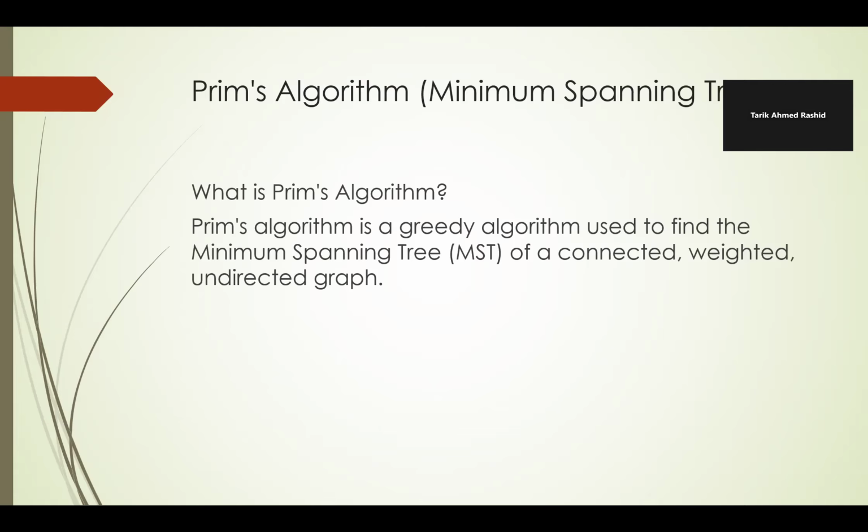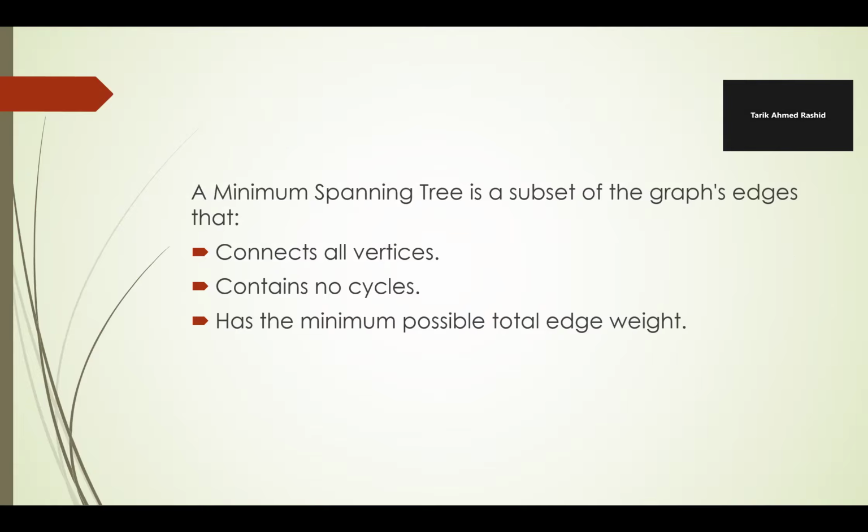Okay, so a minimum spanning tree is a subset of the graph's edges that connects all nodes and contains no cycles, no loops, and it has the minimum possible total edge weight.